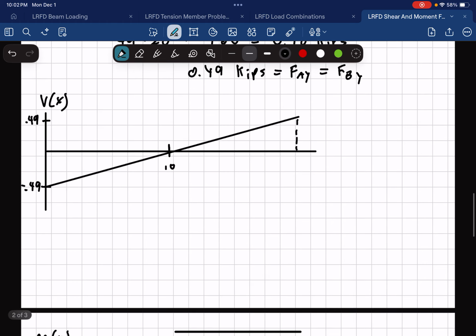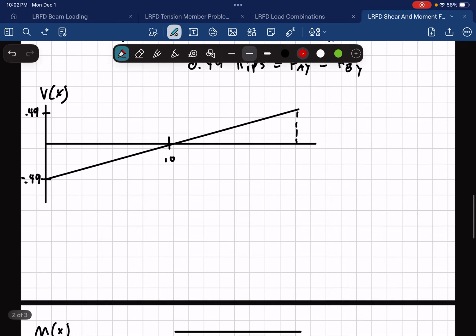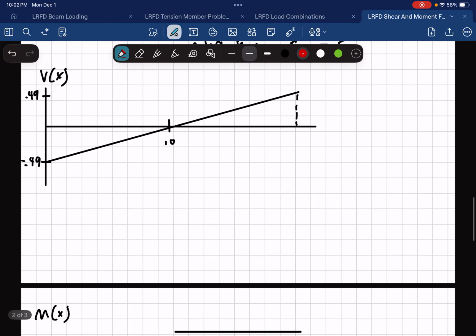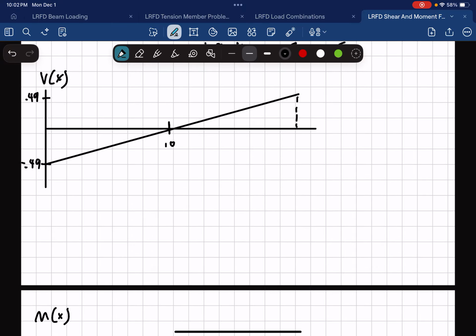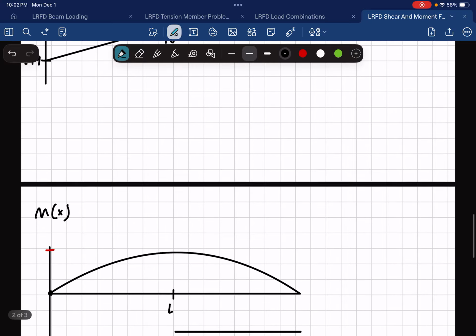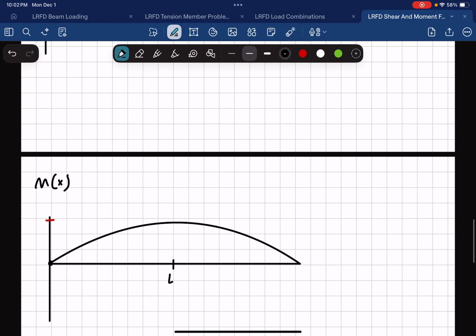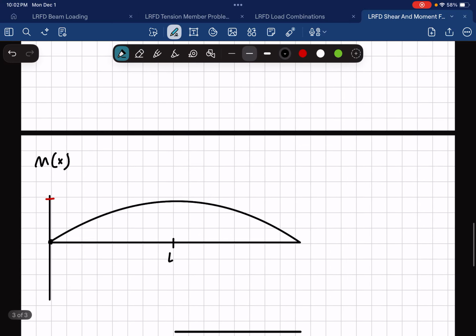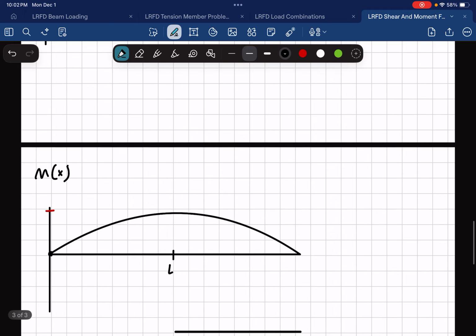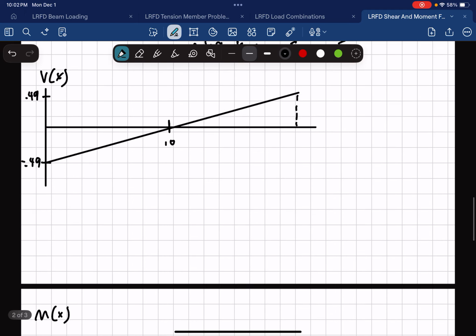You can do linear interpolation to figure out what this equation would be, figure y equals mx plus b to get the value at any point along this. If you integrate the shear diagram, you will get the moment diagram. But since we know we start from 0 because this is a simply supported beam, we can also just calculate these areas here and they'll tell us everything that we need to know, which is my favorite method of doing this.